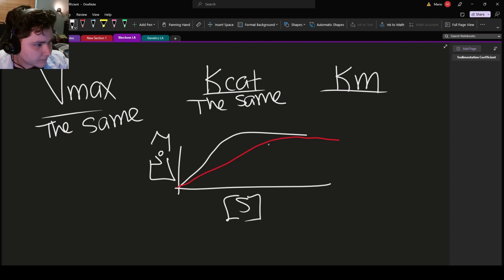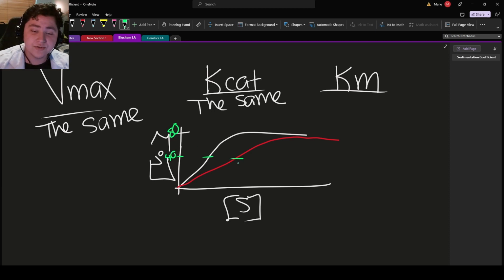So let's say our Vmax in this case, let's give an arbitrary number. Let's say that it's 80, right? And we're looking for half the Vmax, and it's around here, and that's 40. Well, we need to find the concentration of substrate that correlates to that speed of 40. Let's say that's 40 molecules per second, right?